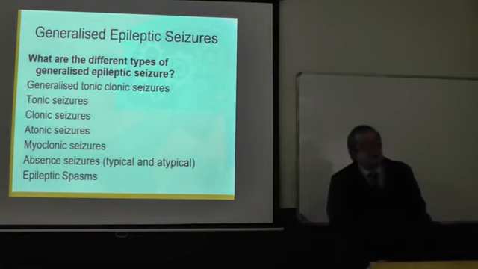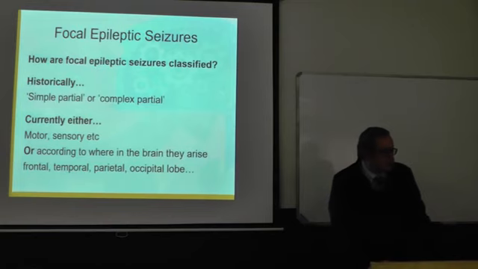Absence seizures may be typical, I'll show you an example of that, or atypical. Epileptic spasms are a very specific type of attack that is associated with a specific electroclinical syndrome, namely West syndrome.